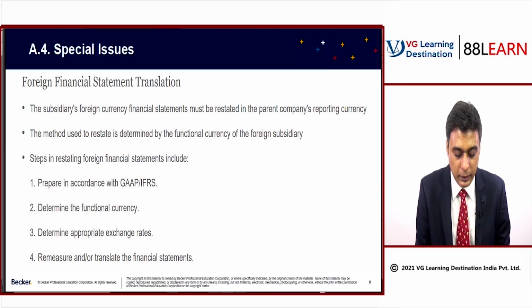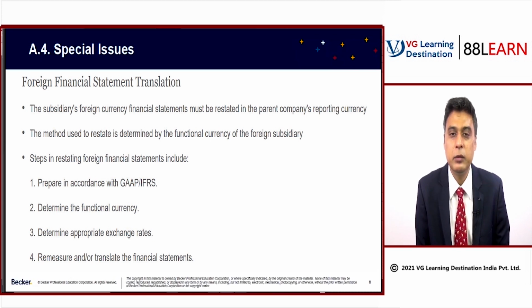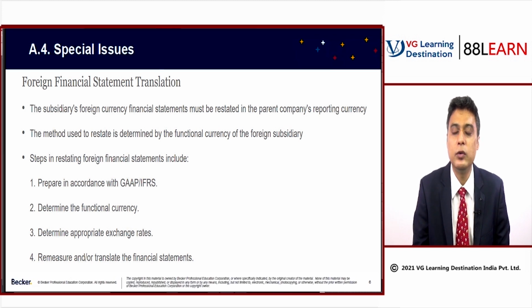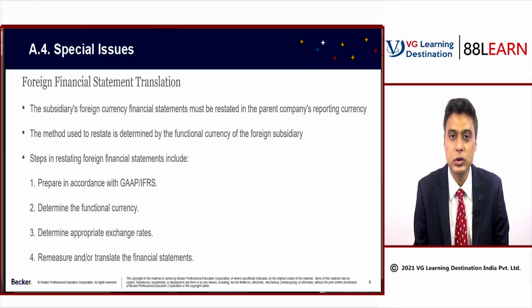Okay. Step 3, determine the appropriate exchange rates. That means which exchange rate is to be applied for which item. Which rate do we use for fixed assets? Which rate should we use for our current assets? Which rate should we use for current liabilities, and so on and so forth. Or do we have to segregate the assets and liabilities in some other way instead of non-current and current?